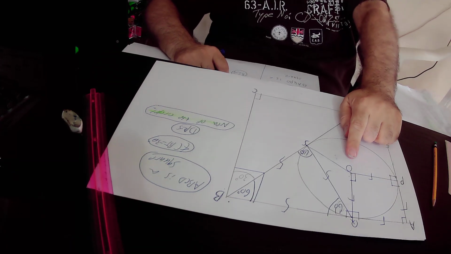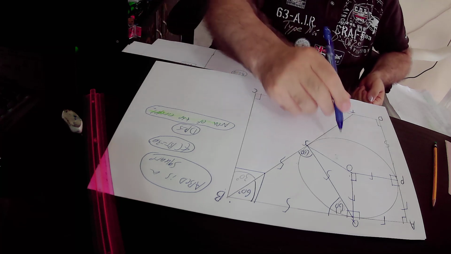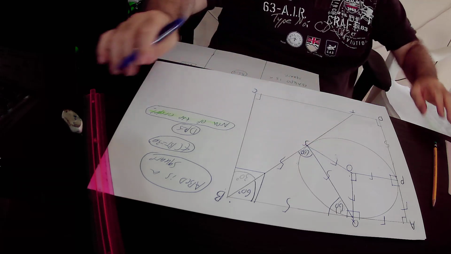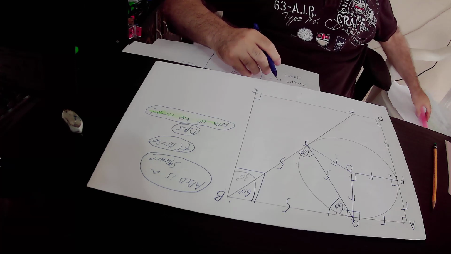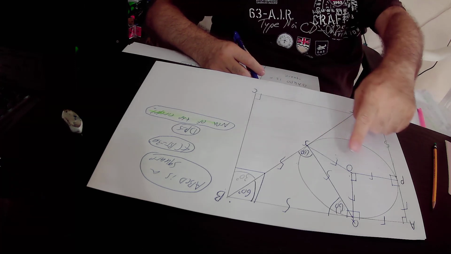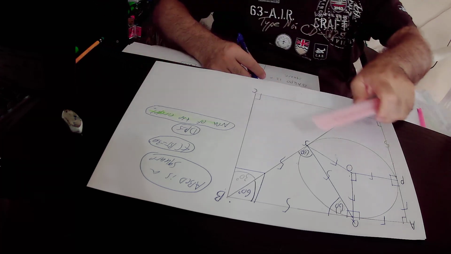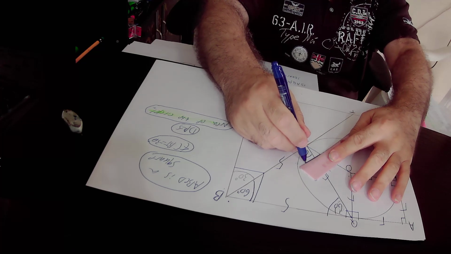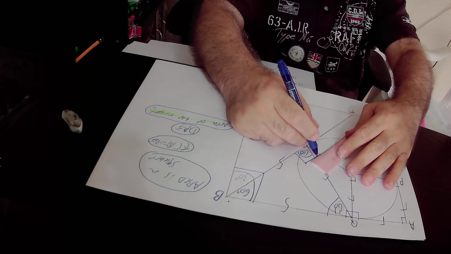Point O is the center of the circle, point S is a point on the circle itself, therefore OS is the radius of the circle that is equal to R. And we have here the radius OS, it is drawn to the point of tangency, therefore according to rule number 1, this angle will be equal to 90 degrees and this angle will also be equal to 90 degrees.